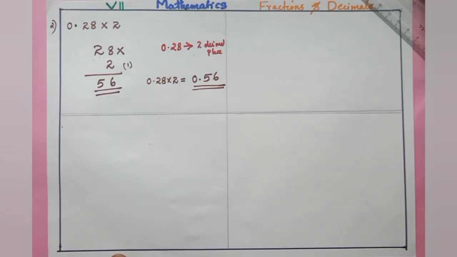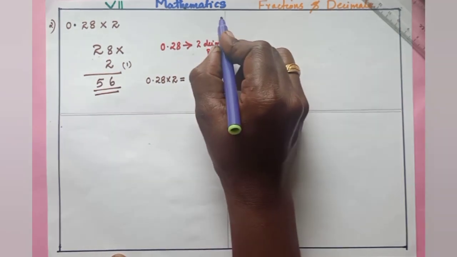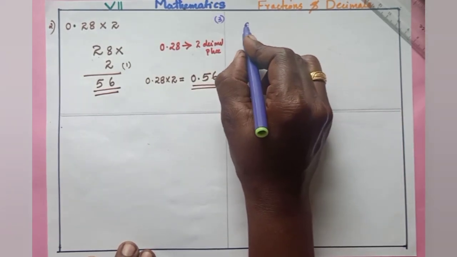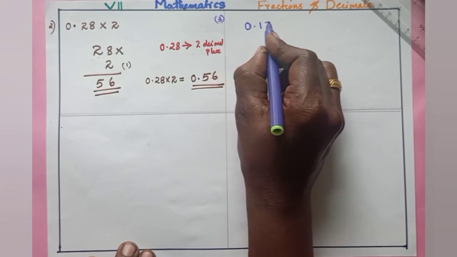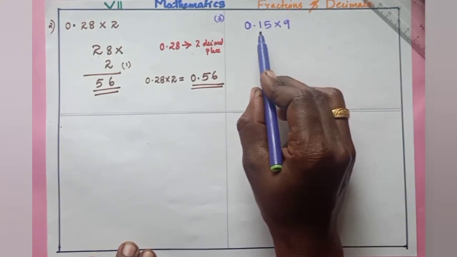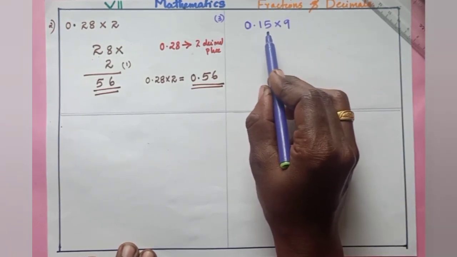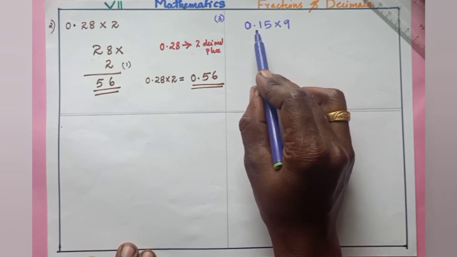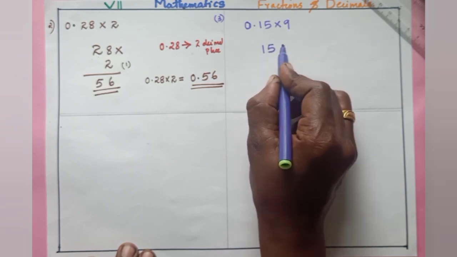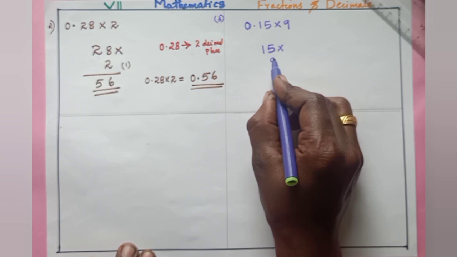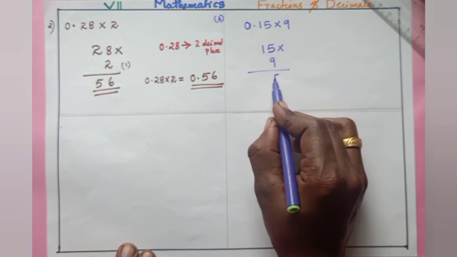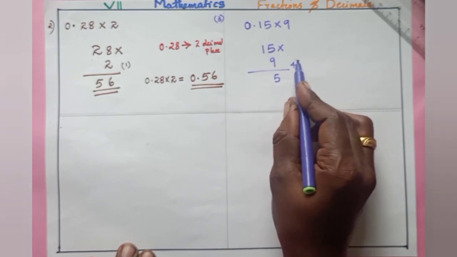Listen to the third question. 0.15 into 9. Here the multiplicand is 0.15. Ignoring the decimal point, we get the whole number 15, into the whole number 9. So multiply 9 into 5, 45. 5, 4 balance.